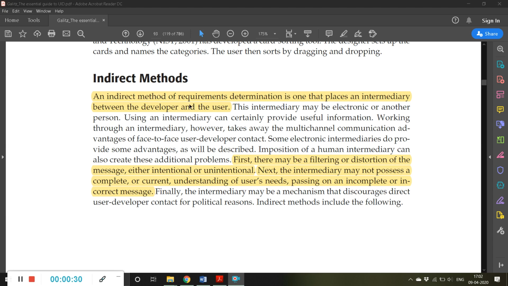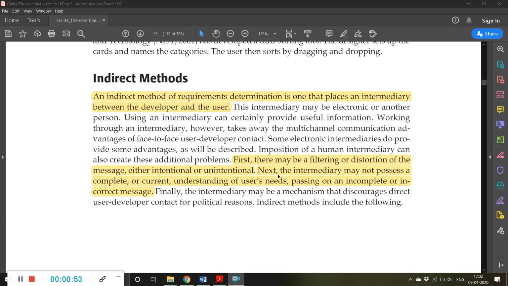An indirect method of requirement determination is one that places an intermediary between the developer and the user. This intermediary can be anything. It can be a mail, it can be another person, or it can be... okay, there are indirect methods, so we will be discussing them one by one.